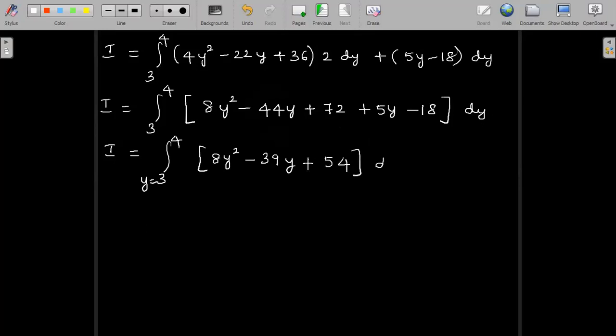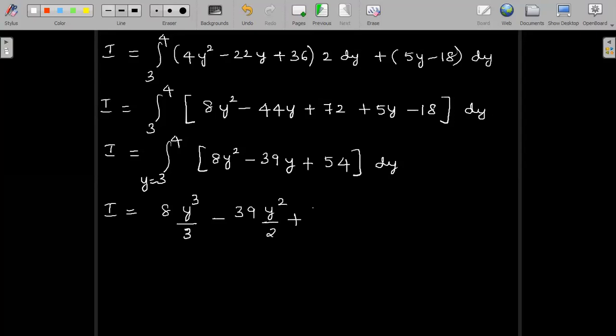This we need to integrate with respect to y and apply the limits. So 8 into y cube divided by 3 minus 39 into y square divided by 2 plus 54 into y, between the limits 3 to 4.